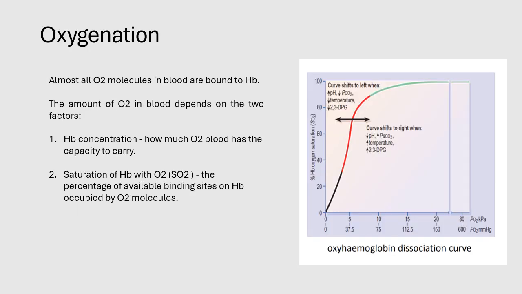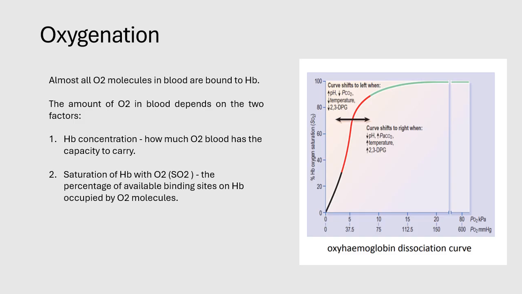Almost all oxygen molecules in the blood are bound to hemoglobin. The amount of oxygen in blood depends on two factors: the concentration of hemoglobin and the saturation of hemoglobin with oxygen. The diagram shows the oxy-hemoglobin dissociation curve, which pictures the relationship between hemoglobin oxygen saturation and levels of oxygen in the blood.